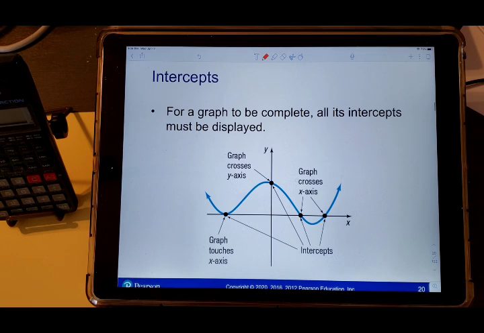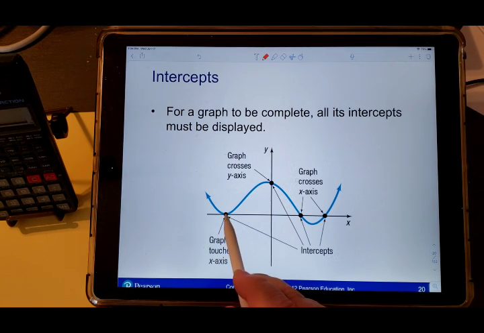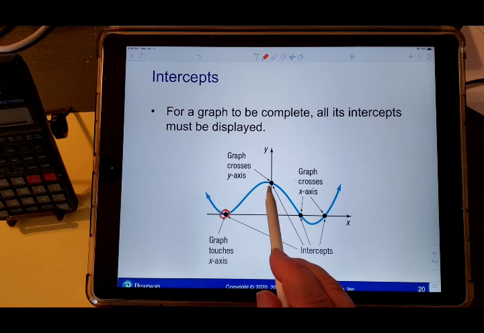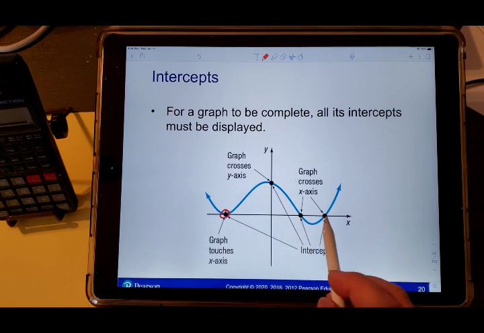So here is an image right out of a future chapter in our book, because we do talk about an intercept, whether it touches the x-axis, means it didn't change quadrants here. It stayed in the quadrant it was in. It crosses here, crosses here, crosses here.